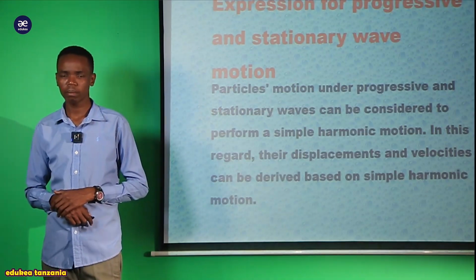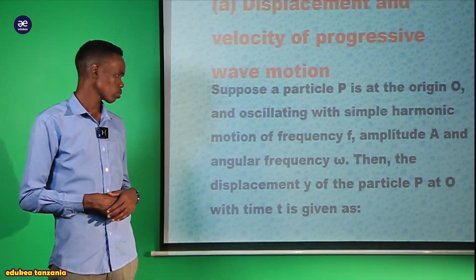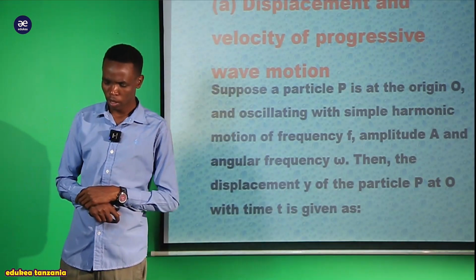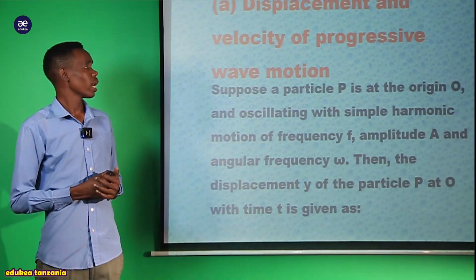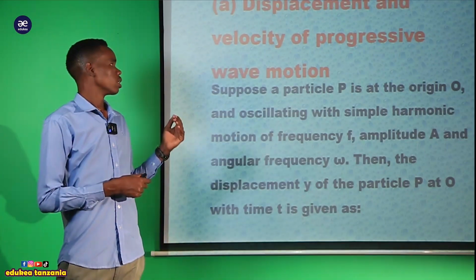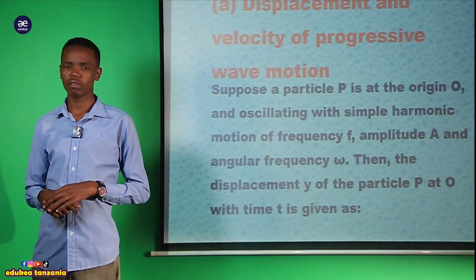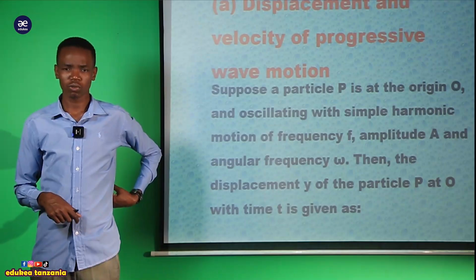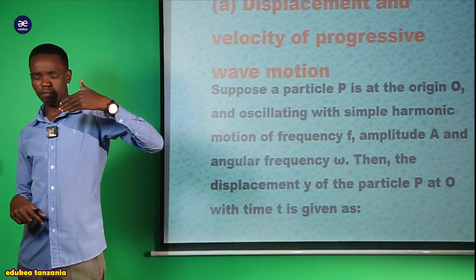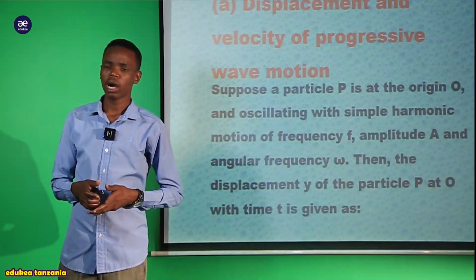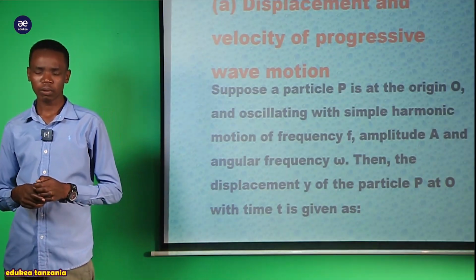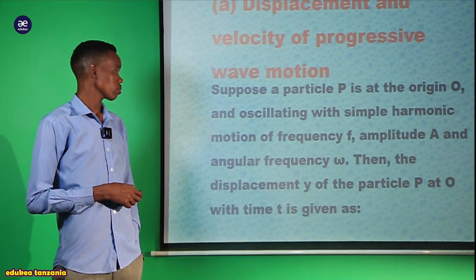So let us look at Roman A. For Roman A, we have been told to find the displacement and the velocity of progressive wave motion. That is what we are going to look at here: how we can derive the formula of the displacement and the velocity using simple harmonic motion.